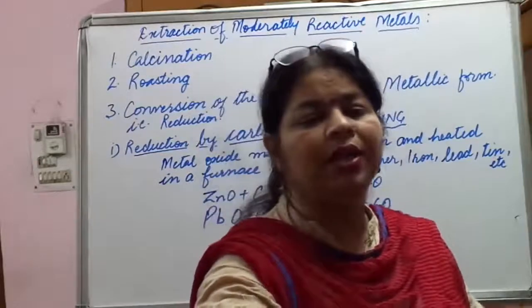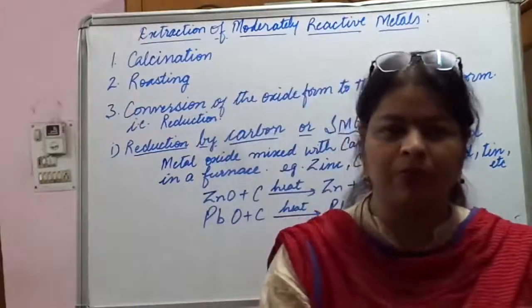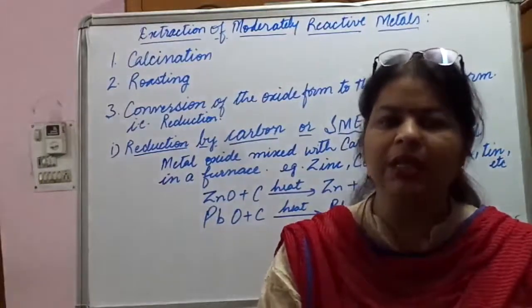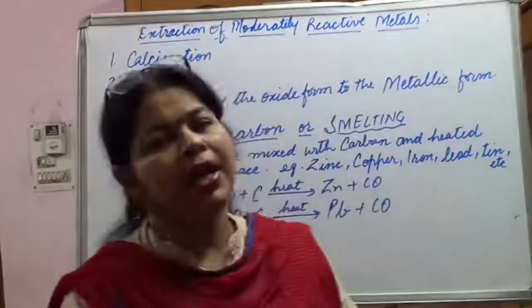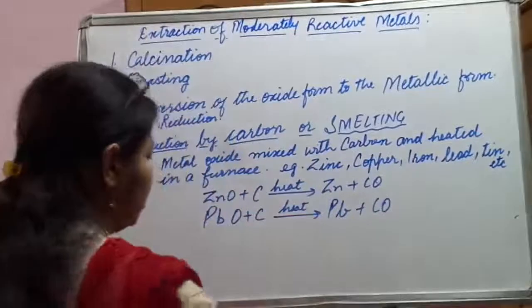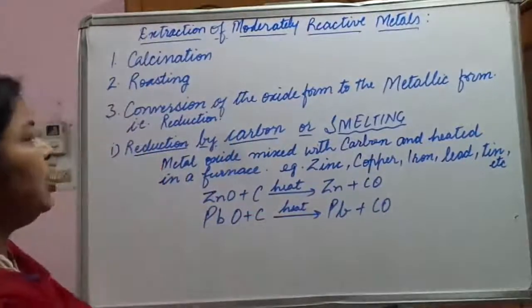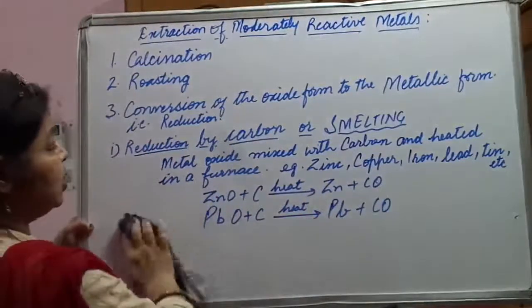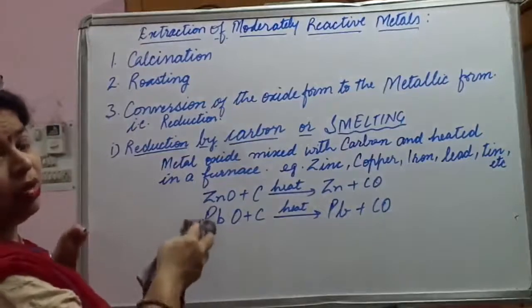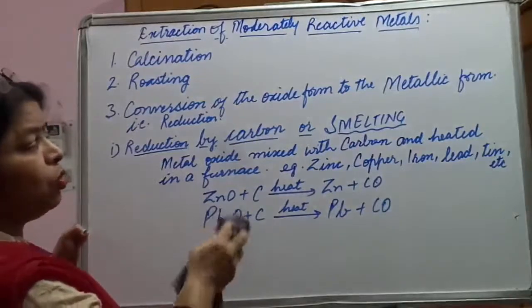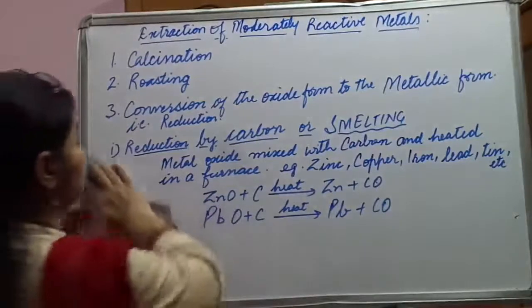Okay. Now let us come to the second process, and that is reduction by highly electropositive metals. So I hope it is clear to everyone what we are doing in this: we are heating the mixture of ore plus carbon at high temperature.